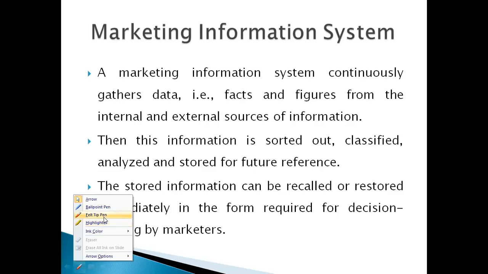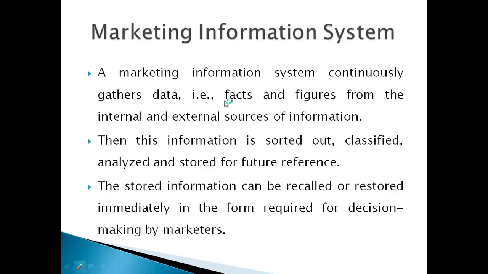Sometimes we use information and data as the same word. So marketing information is collecting data. Data means the facts and figures from both internal and external sources. We will see why we collect this data.